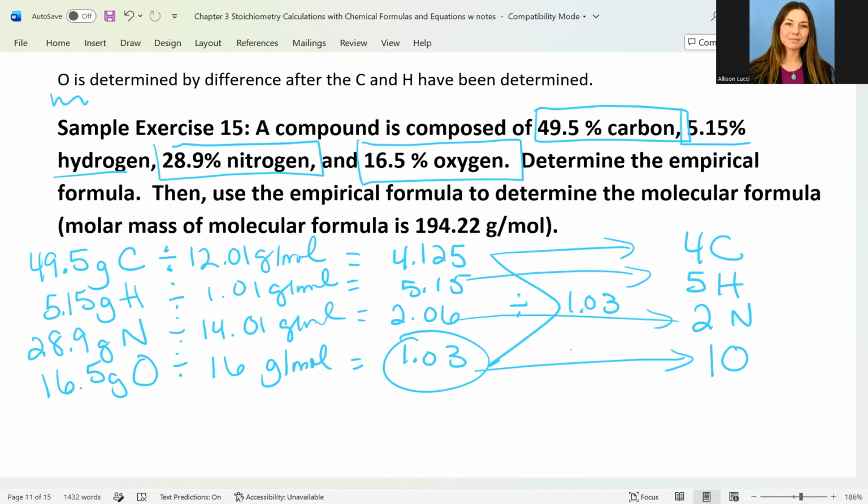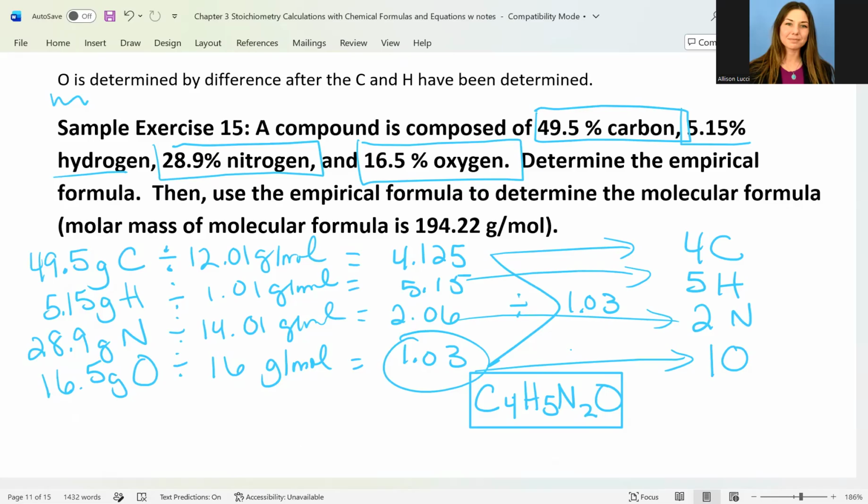Now if we arrange these in the empirical formula, we would have C4H5N2O. And this would be the empirical formula for the compound described above.